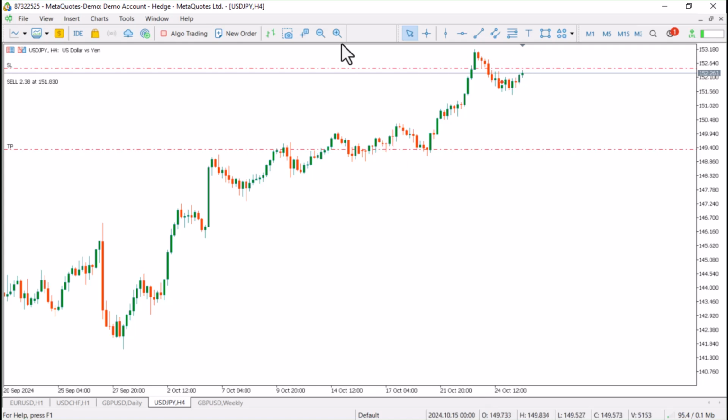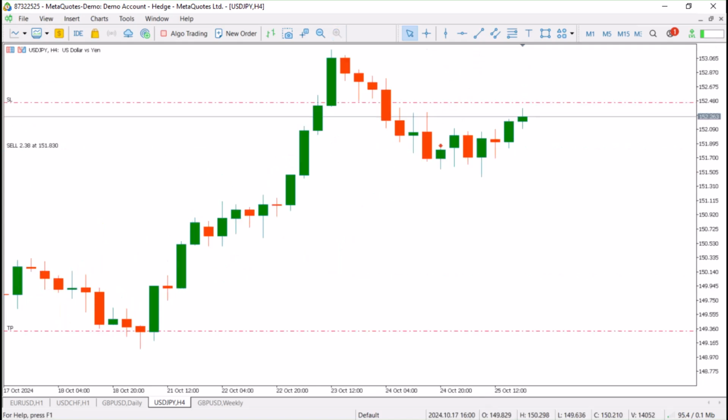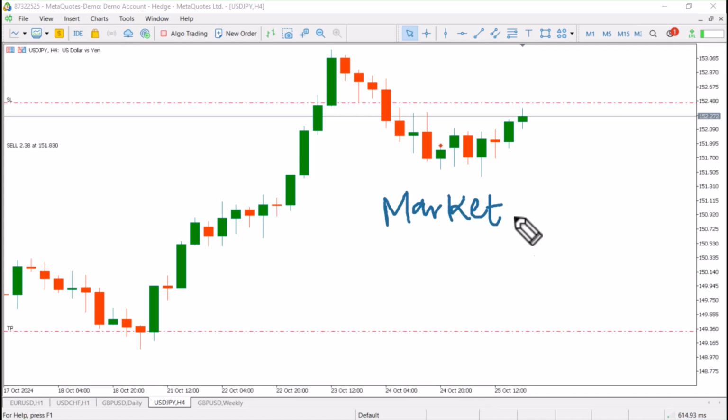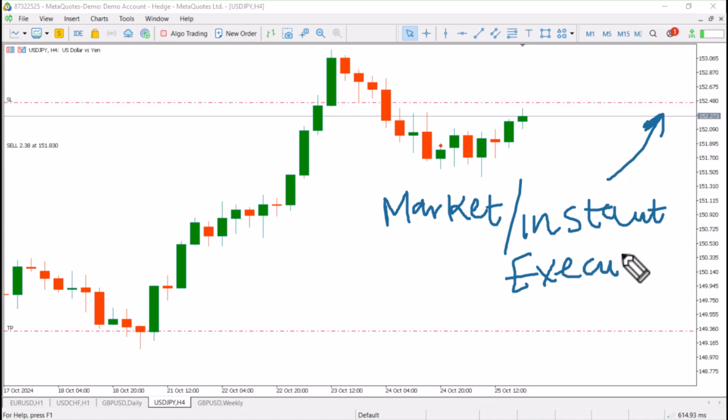Now, let's say this price chart is trading at 152.262. If you are okay to buy this asset at this price, the type of order you use is what? Market entry order or instant execution, because you are okay to buy at this price. This is the type of order you use right here.